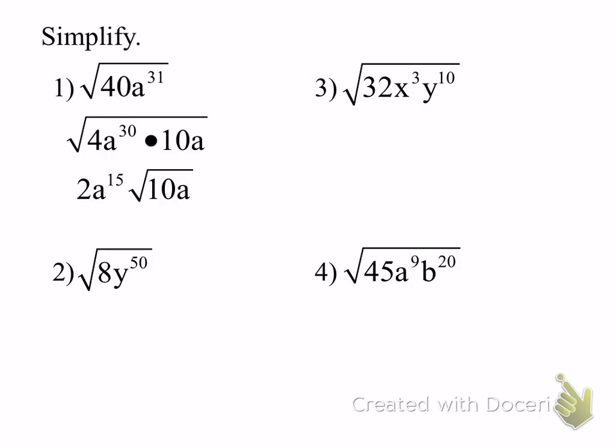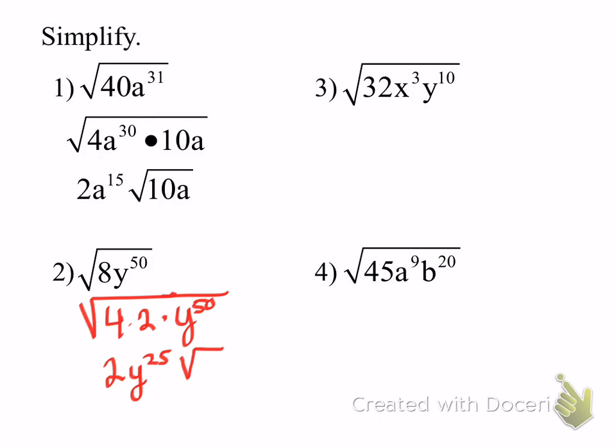How about this one? 4 times 2, times y to the 50th. And the square root of 4 is 2. And y to the 50th is y to the 25th.